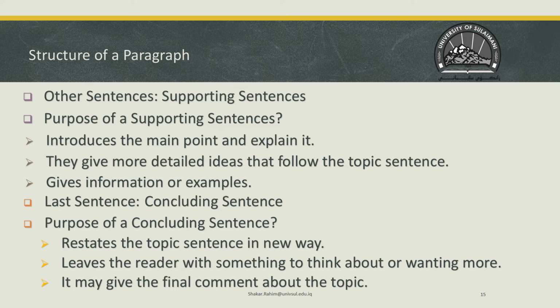It talks about the same thing in a new way. It leaves the reader with something to think about or wanting more. It makes you more interested in that subject, it suggests more study, more points about it in the end, in order to leave you with something to think about, and it gives the final comment.